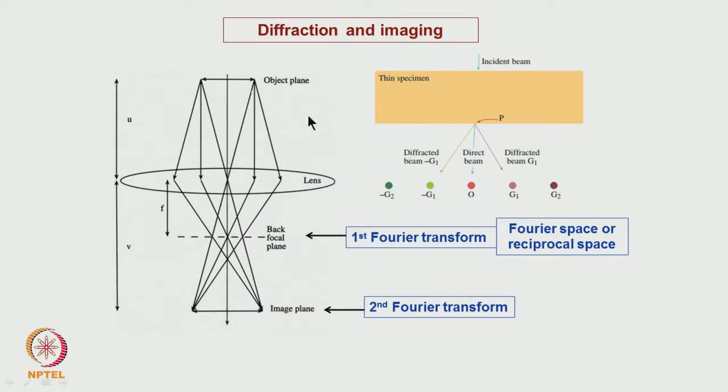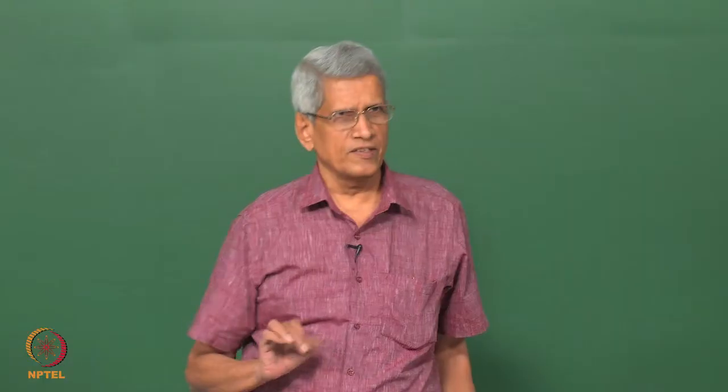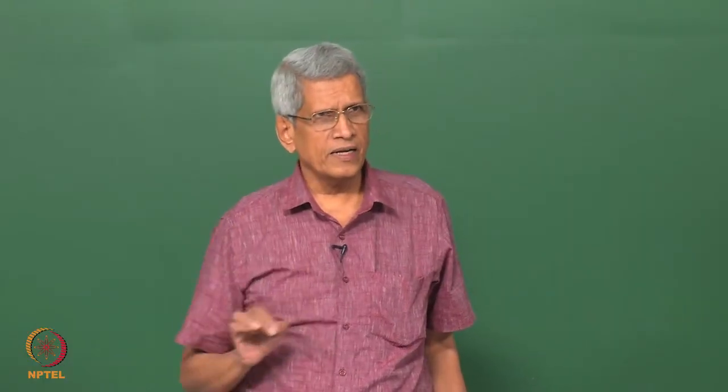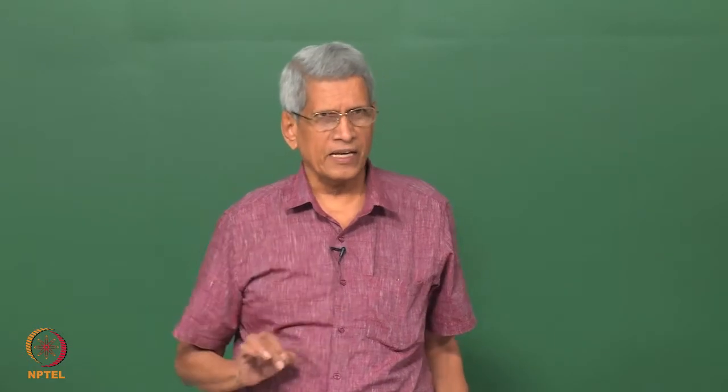We can understand this in a way that when the incident beam enters, this is the direct beam and there are waves which are scattered in different directions, and we have derived earlier an expression for finding out the amplitude of each of the diffracted beams and also its intensity. That is under the kinematical condition.